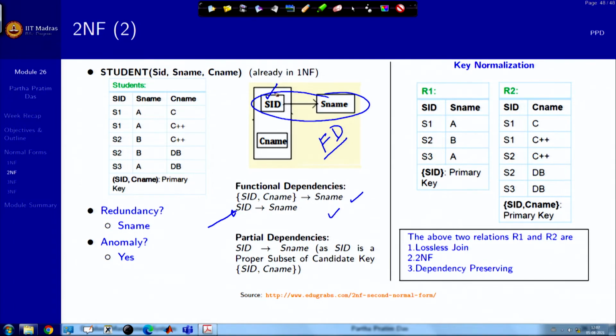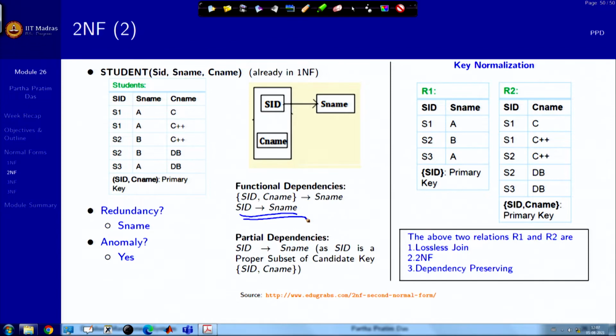SID is a subset of a key, first condition, and S name is not a member of any key, that is, it is a non-prime attribute. Right. So, this is Y as we wrote earlier, and this is A as we wrote earlier. So, this is a partial dependency.